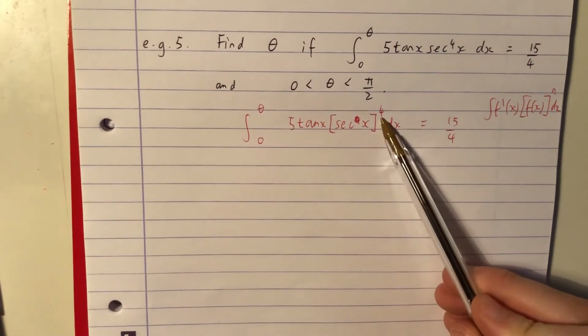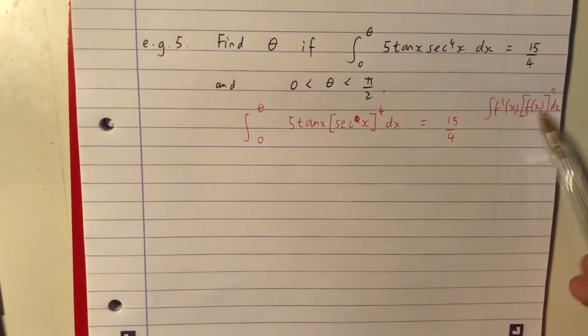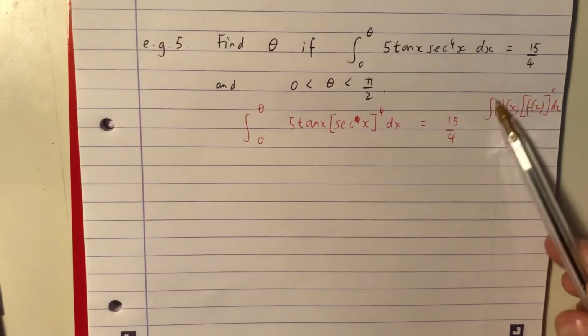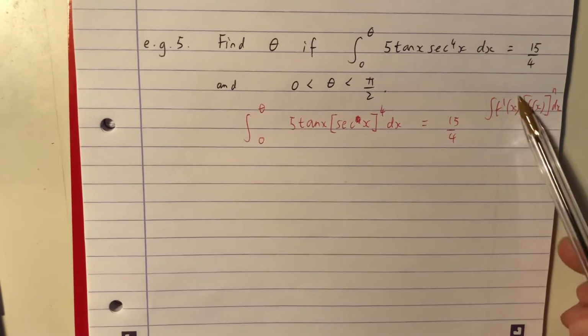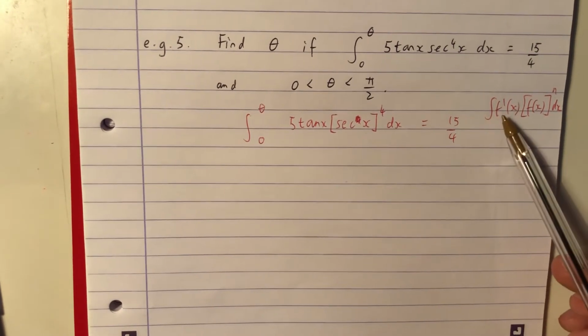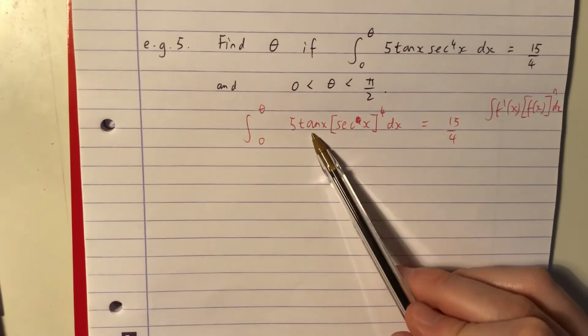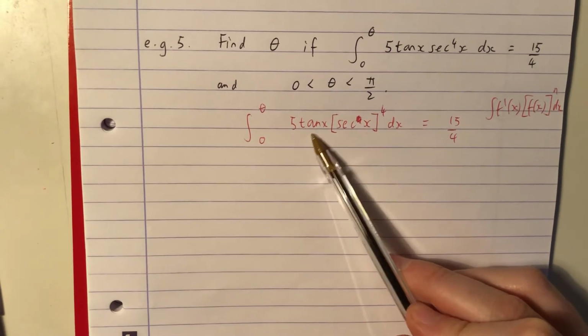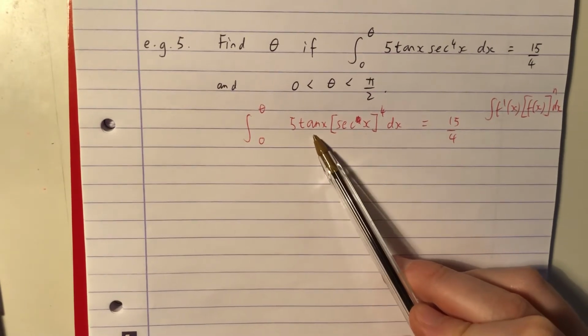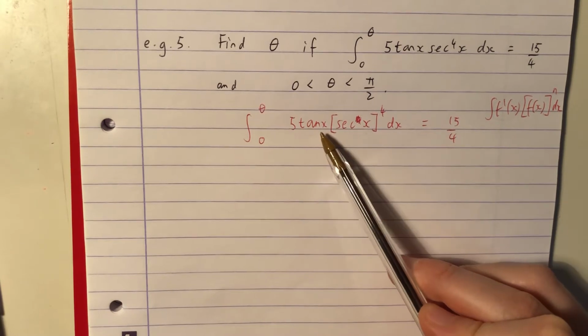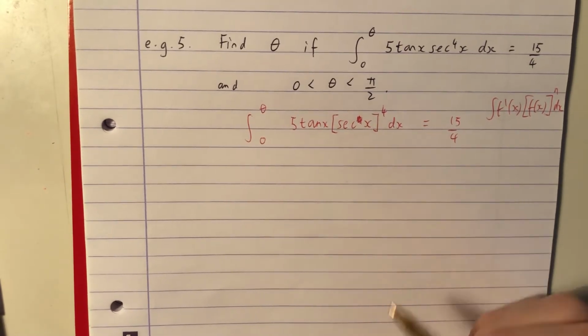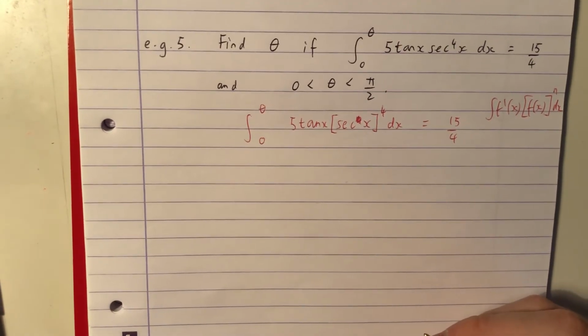Sec x to the power of 4. I'd expect f dashed of x to be on the outside, but sec x doesn't differentiate to tan x. It actually differentiates to sec x tan x. And all the sec x's are in that bracket, so it doesn't look like it works.